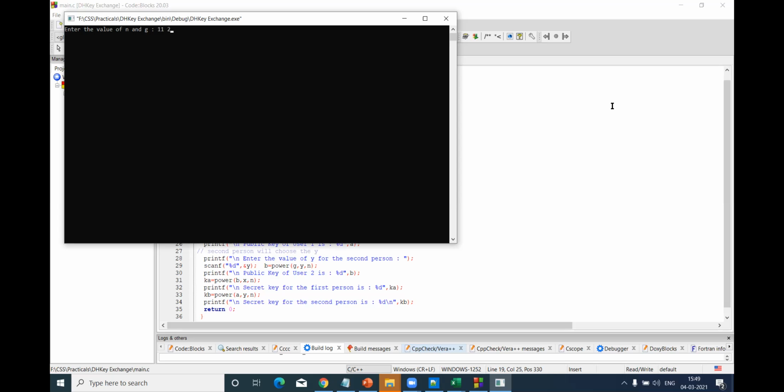I'm selecting n as 11 and my primitive root as 2, followed by entering the first person's private key x, which I select as 5. User A's public key is 10. How has this been calculated? Based on alpha power xA, which is 2 power 5 mod 11.